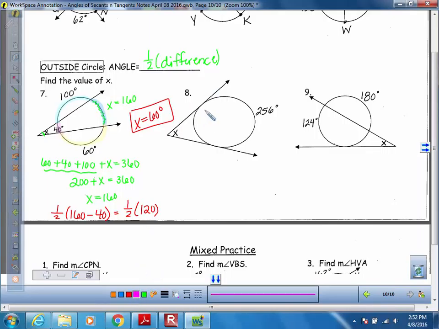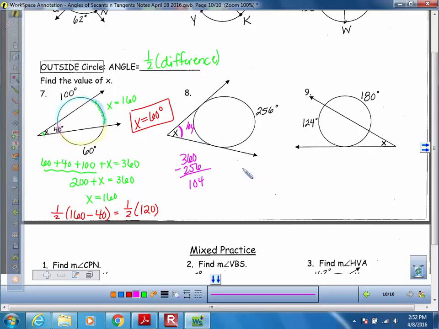Okay, so in number 8, how many pieces does this angle cut the circle into? 2. So all I would have to do is subtract 256 from 360, which would give me 104. So this small arc here is 104.